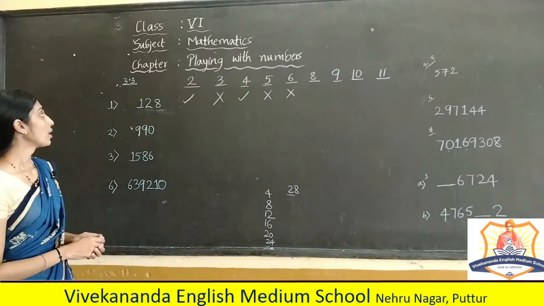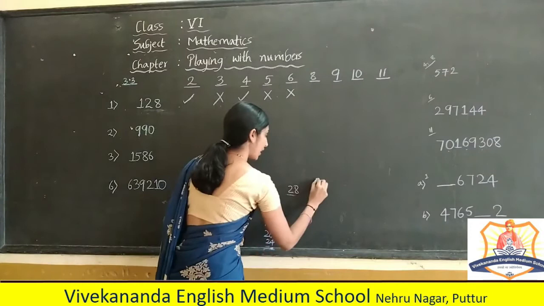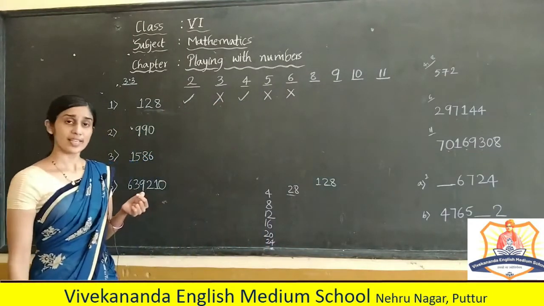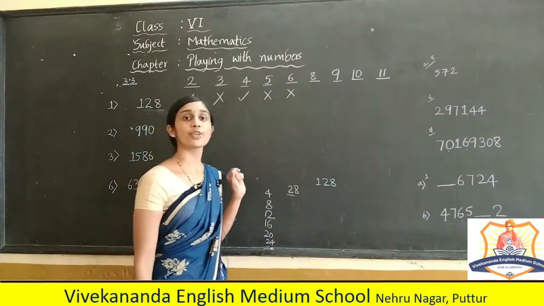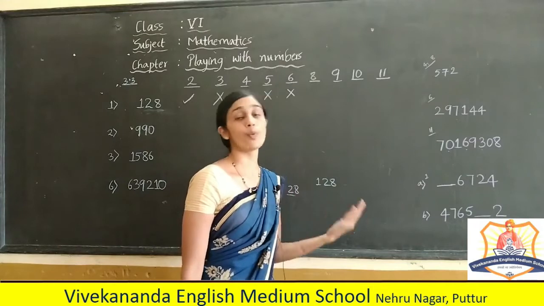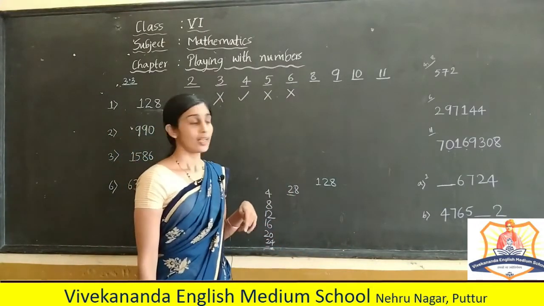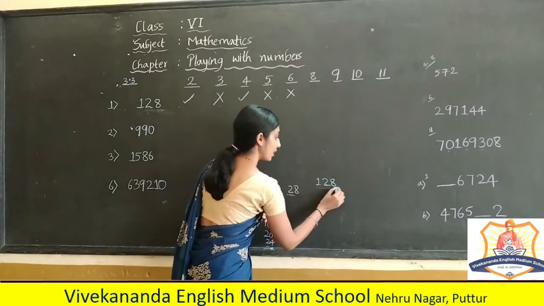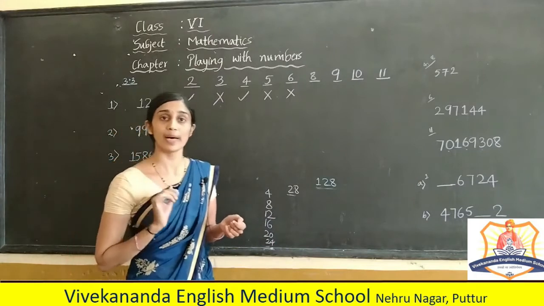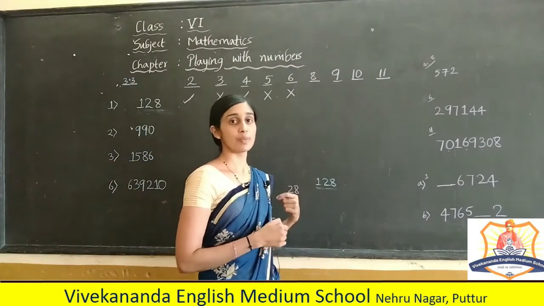Next, 128. I'll write it here. If it is a 3-digit number, we should go for actual division itself. If it is a number of 4 or more digits, then if the last 3 digits are completely divisible by 8, the whole given number is divisible by 8.